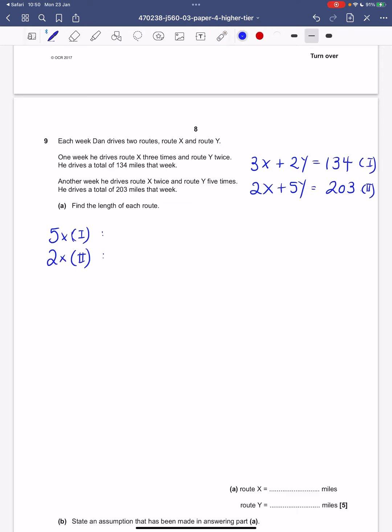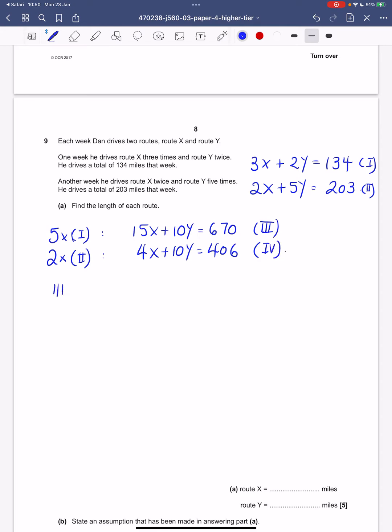That's going to help me simplify things. So it's 15x plus 10y equals 134 times 5, which is 670, and I'll call that equation 3. Then 2 times the second one: 4x plus 10y is 406, and I'll call that equation 4.